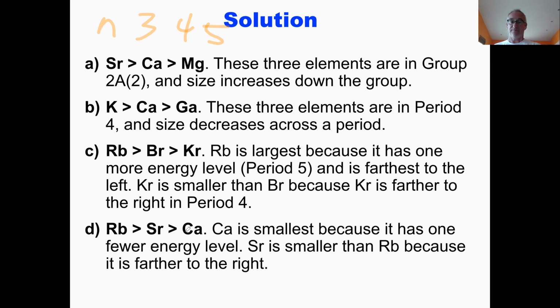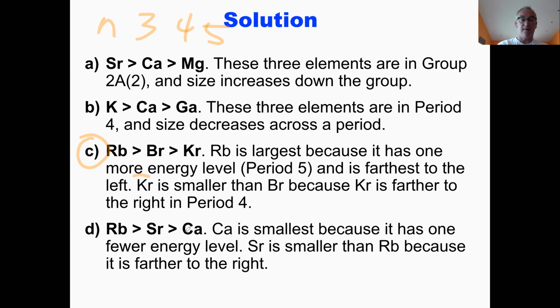The second one, potassium, calcium, and gallium, are all in the same period, and as you go across, they get smaller. Then rubidium's the biggest because its n is equal to 5. It has electrons in the fifth shell, so it's automatically bigger than the other two.